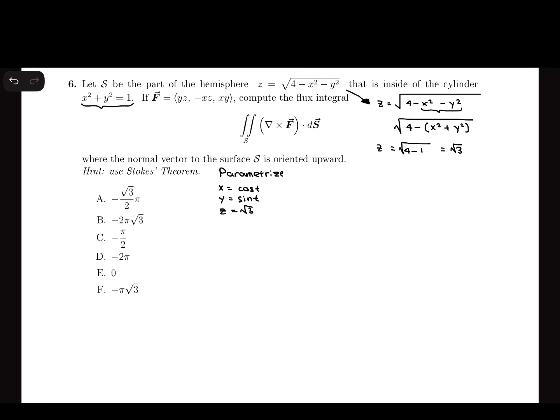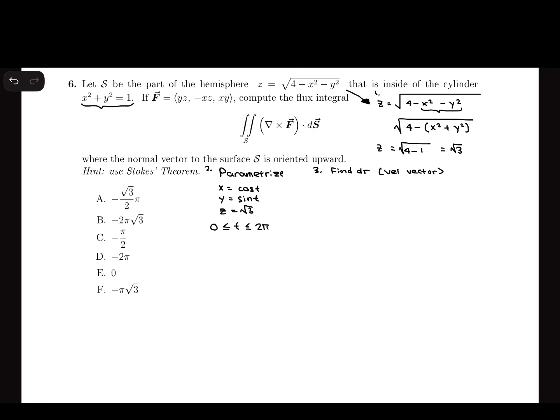And it's a circle, cylinder, they're not cutting off any part of the circle, so we know that this is going to be from 0 to 2 pi. Okay, so we'll call this step 1, call this step 2. Step 3 is finding dr. Okay, so in order to find dr is our velocity vector.